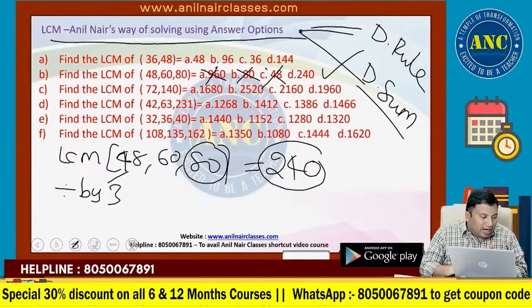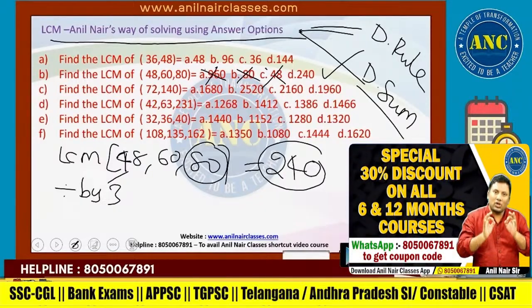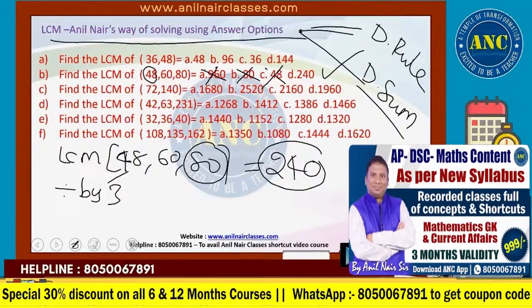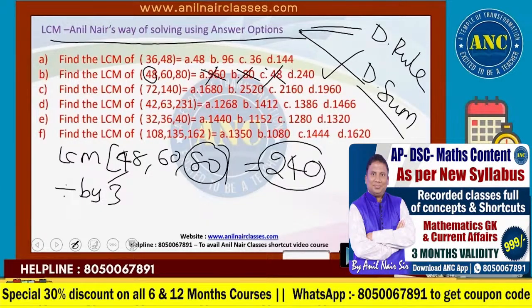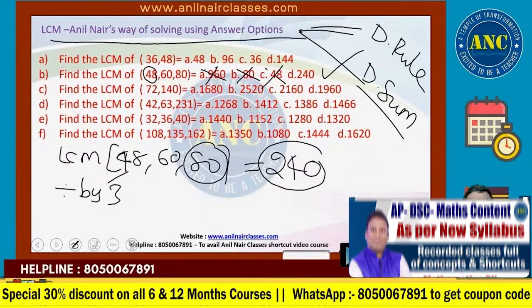48, 60 and 80. 48 is divisible by 3. If one number is divisible by 3, sir, why did you take divisible by 3?